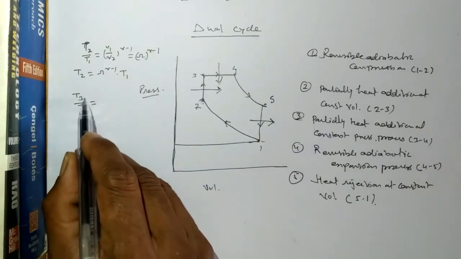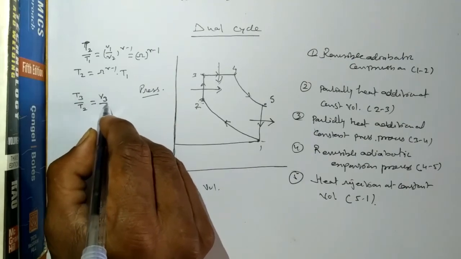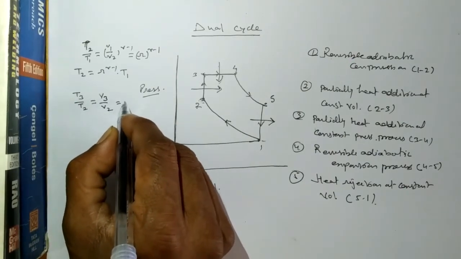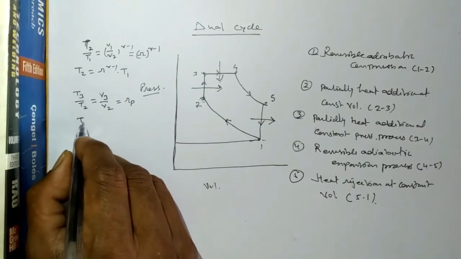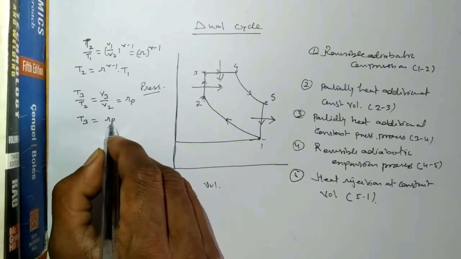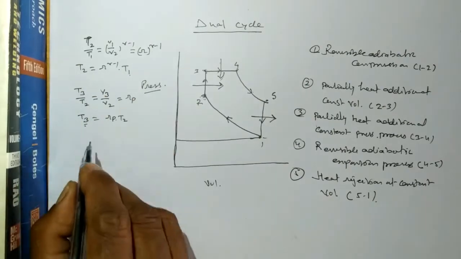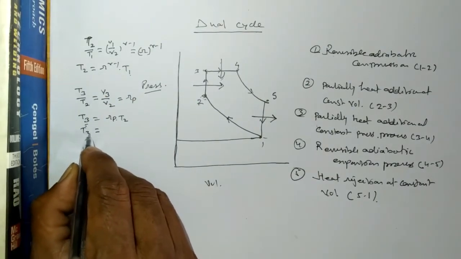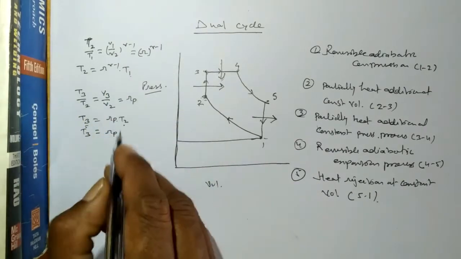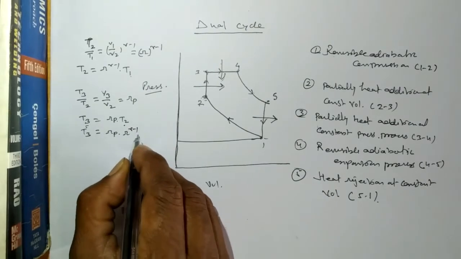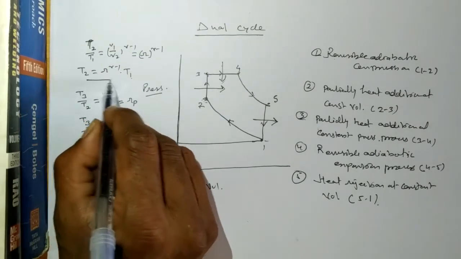Hence T3/T2 is equal to V3/V2, that is equal to the pressure ratio rp, or T3 is equal to rp times T2. We can write T3 in terms of T1 also. T2 is replaced by r^(gamma-1) times T1, so T3 is equal to rp times r^(gamma-1) times T1. This is equation number 2.